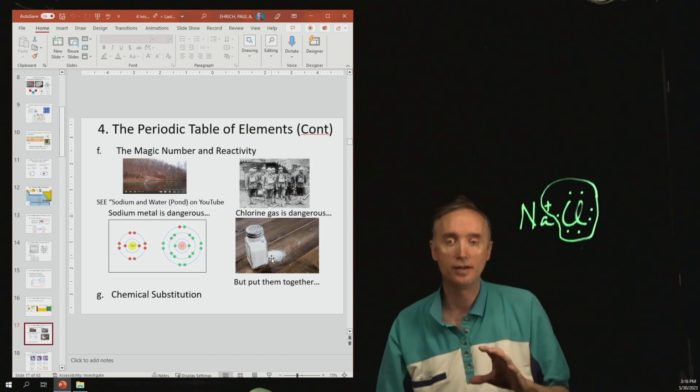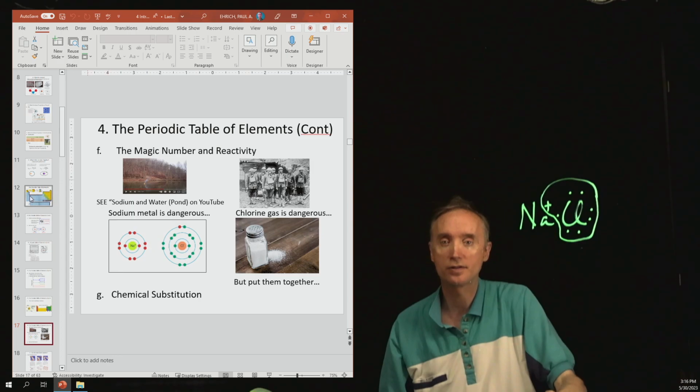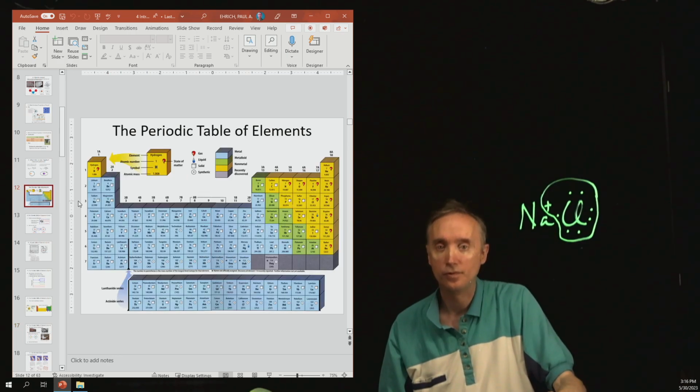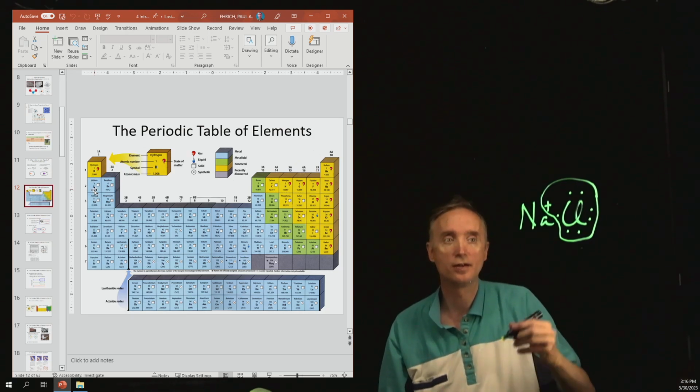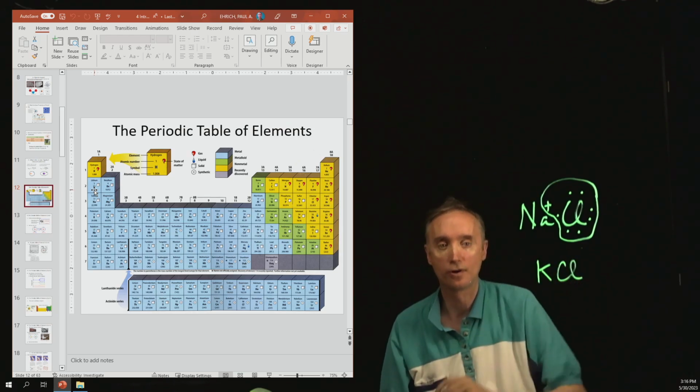And then another thing is chemical substitution. So if we go back to the periodic table, since all of these elements here have the same outer electron configuration, that means they can substitute for each other. For example, there's something called potassium chloride.